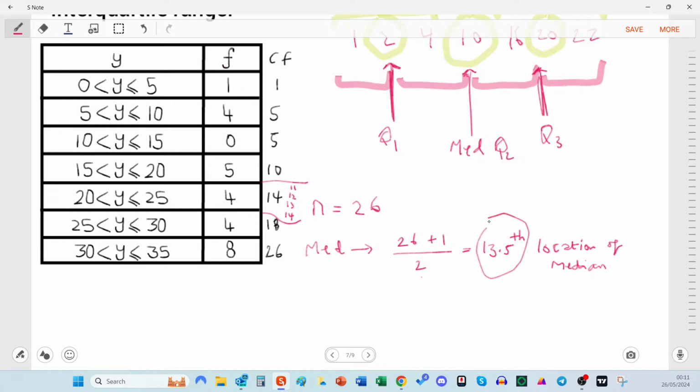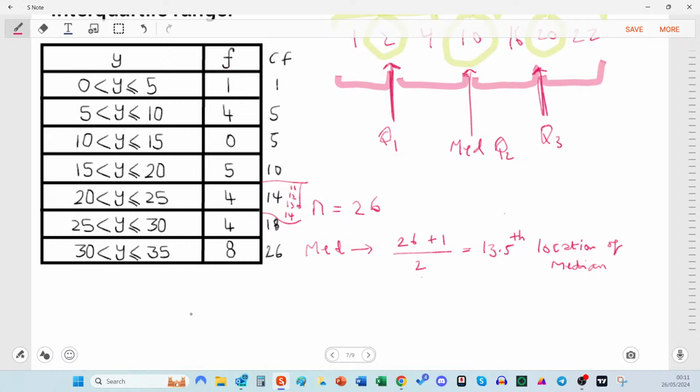And we're after the 13.5 location. Now how far into that is that, as a fraction? You can see that it's gone in 3.5 into this section.